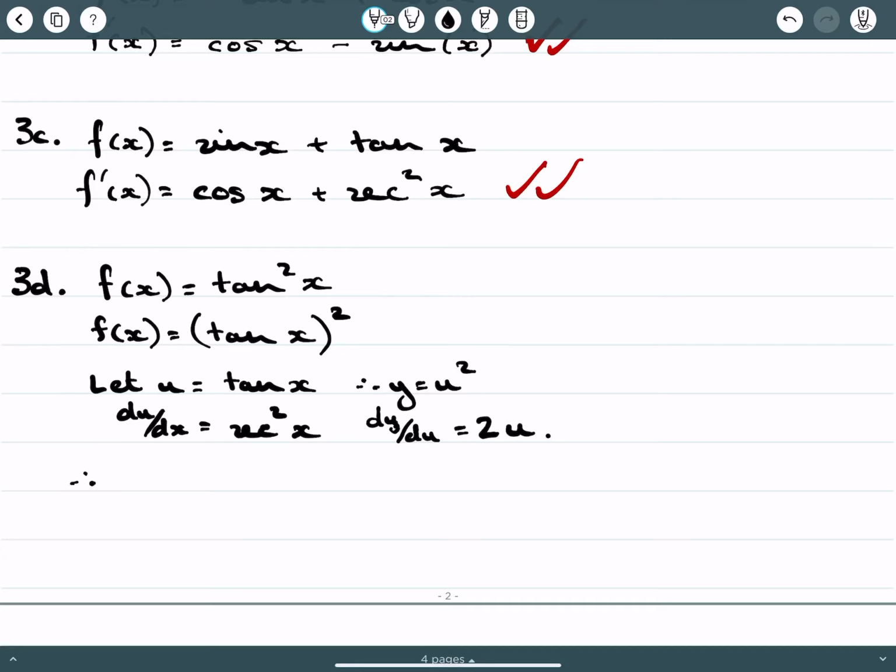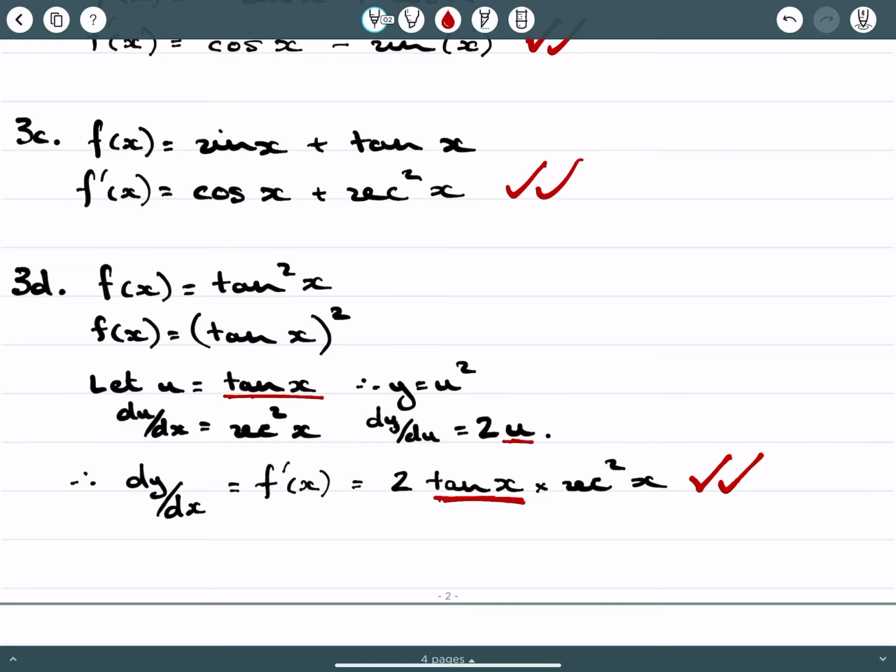Therefore, dy/dx, which is also equal to the derivative of f(x), is going to be 2 tan x, remembering that tan x has come from u, times sec squared x. Check if my answer is correct. It is. Great.